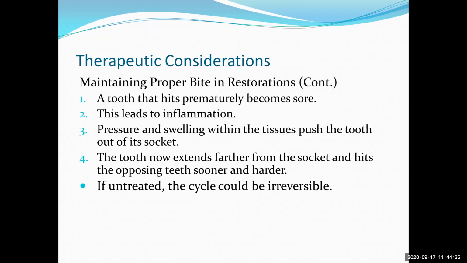Okay, so there's no premature contacts, because a premature contact can lead to a sore tooth, which can lead to inflammation, which can lead to pressure and swelling within the tooth that pushes the tooth out of the socket a little bit, that inflammation. Then the tooth now extends farther from the socket, and it hits the opposing tooth even sooner and harder.